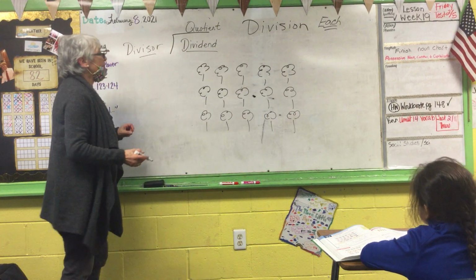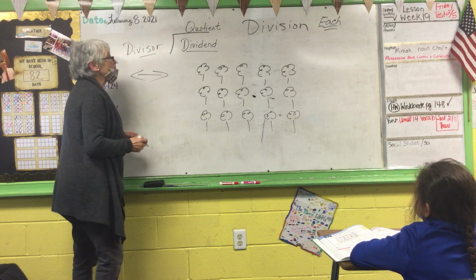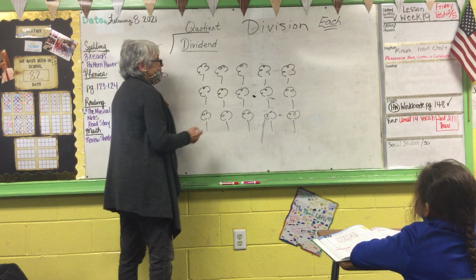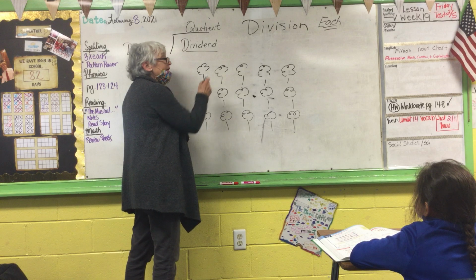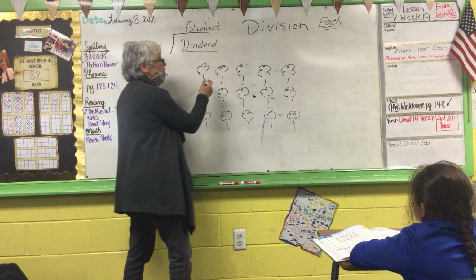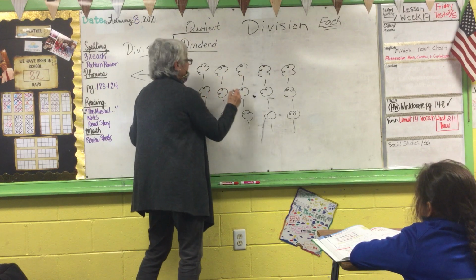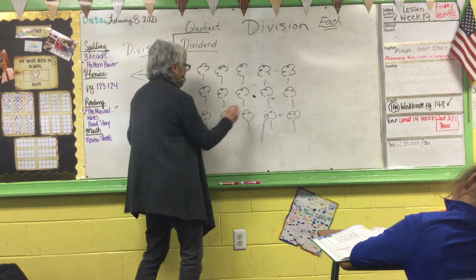Okay. Now remember, we're going horizontally. Let's count the total. Ready? Here we go. 1, 2, 3, 4, 5, 6, 7, 8, 9, 10, 11, 12, 13, 14, 15.